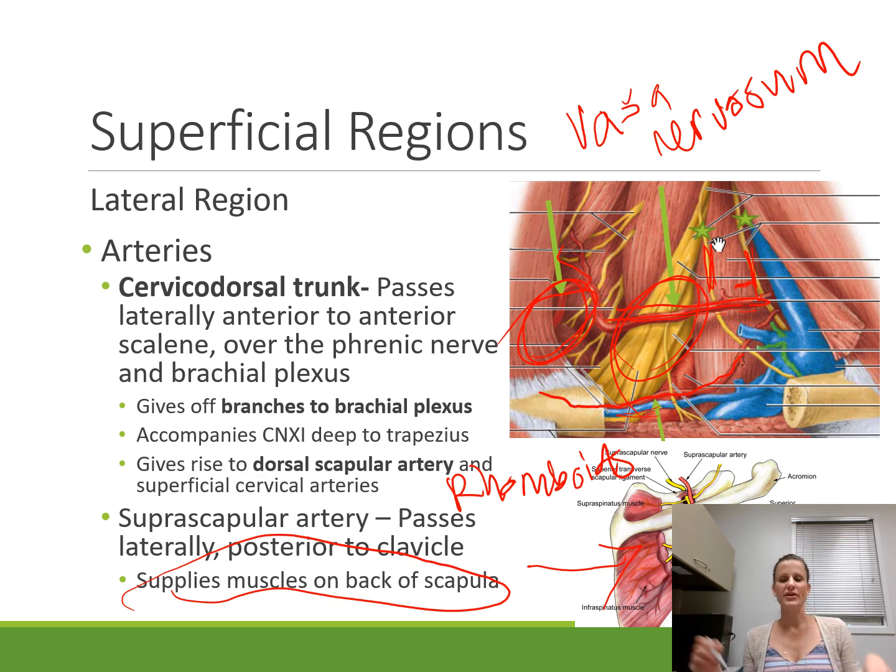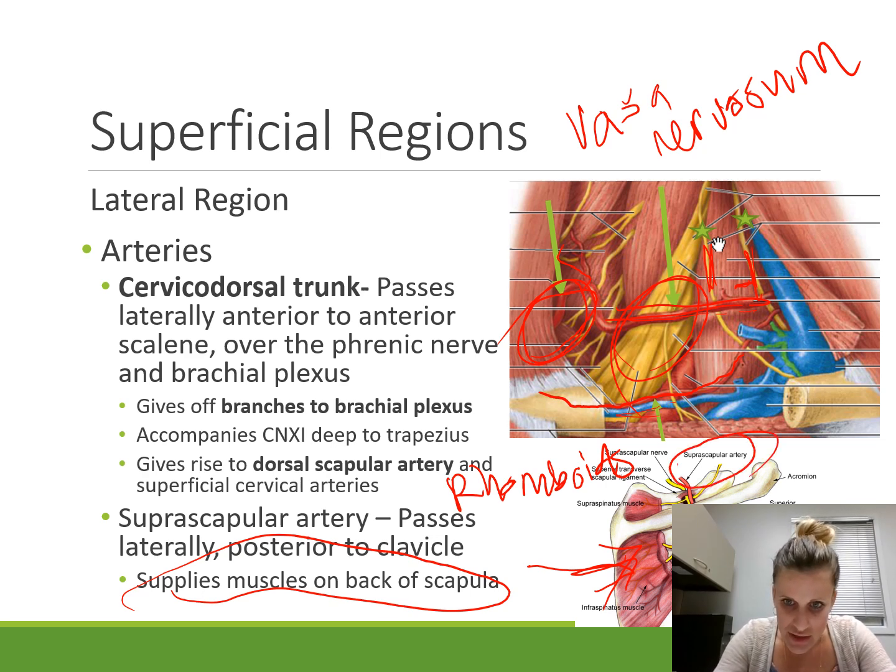Remember when we looked at the brachial plexus, we said that the suprascapular nerve branches off of the brachial plexus and goes around to the back of the scapula to go to the supraspinatus and the infraspinatus. So you can see that over here, right? So the suprascapular artery is coming along right next to the suprascapular nerve.